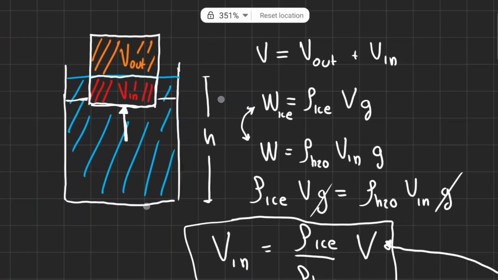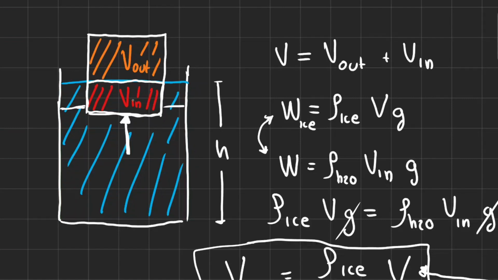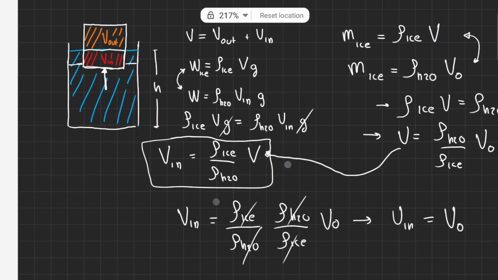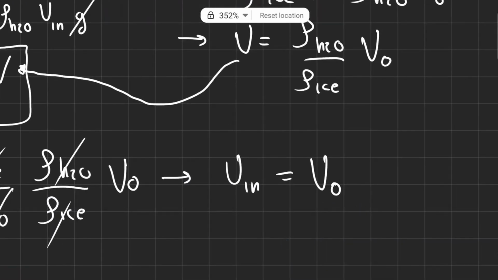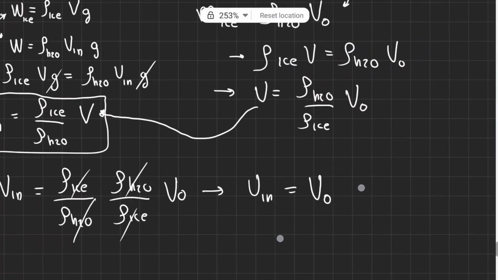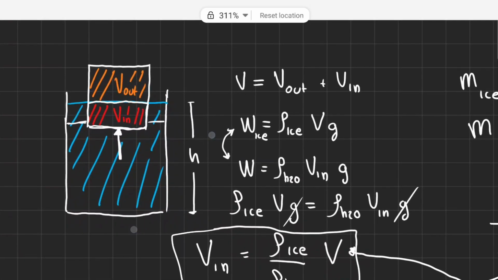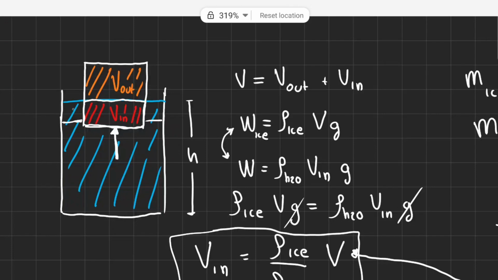This means that the volume in red that I have here, the volume of the ice that is inside the water at the beginning, is equal to the volume of the water after the ice is melted. So the level of the water doesn't increase, because all this volume will become all this volume here.